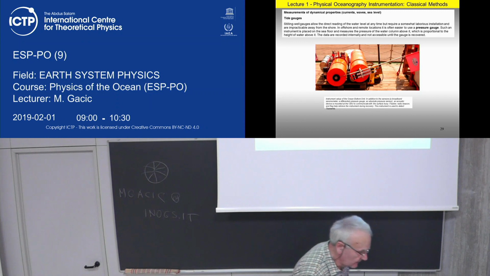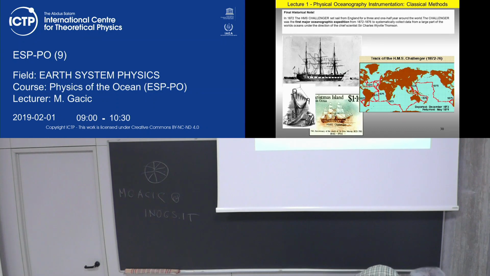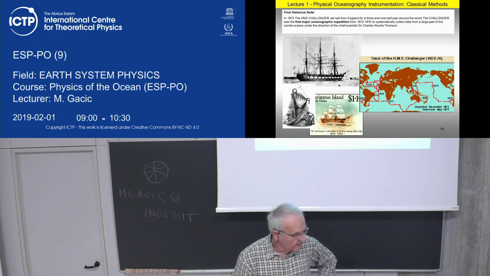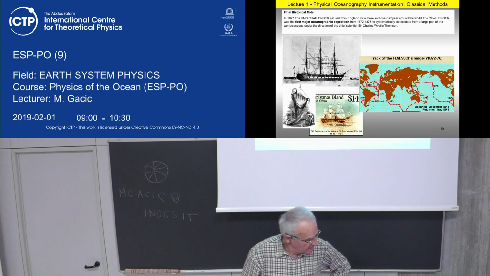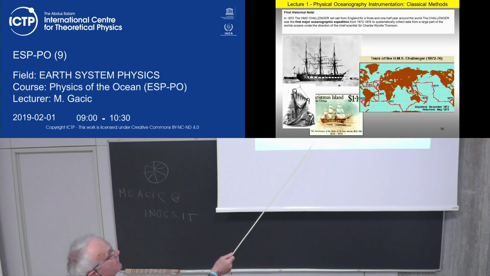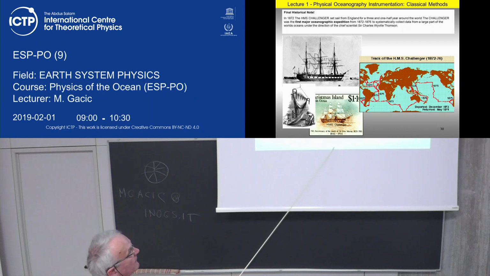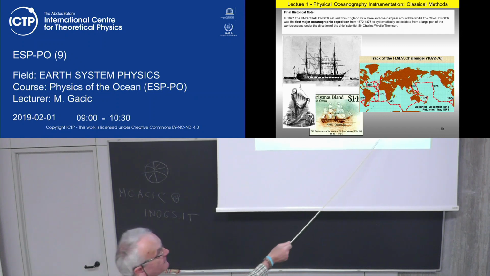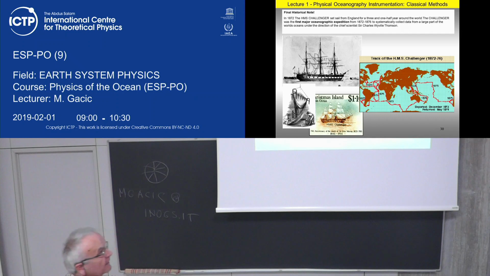Okay, so that's always the same thing. This is just the figure you have already seen, and this is the first Challenger expedition, 1972-76. This ship departed in December 72 and returned in May 76.